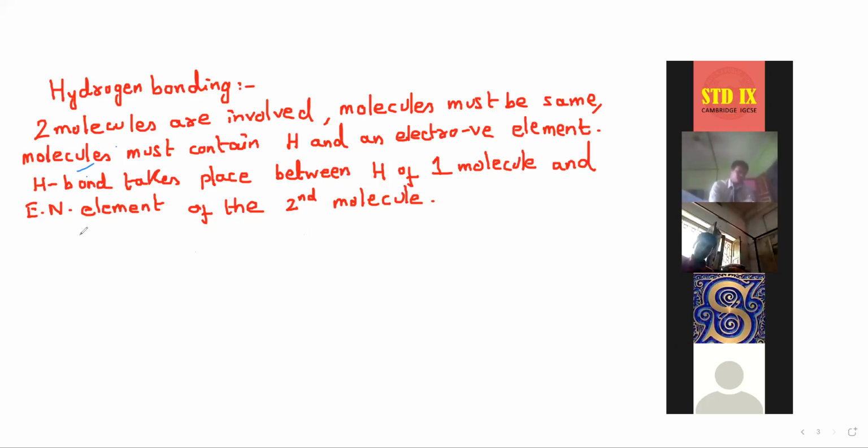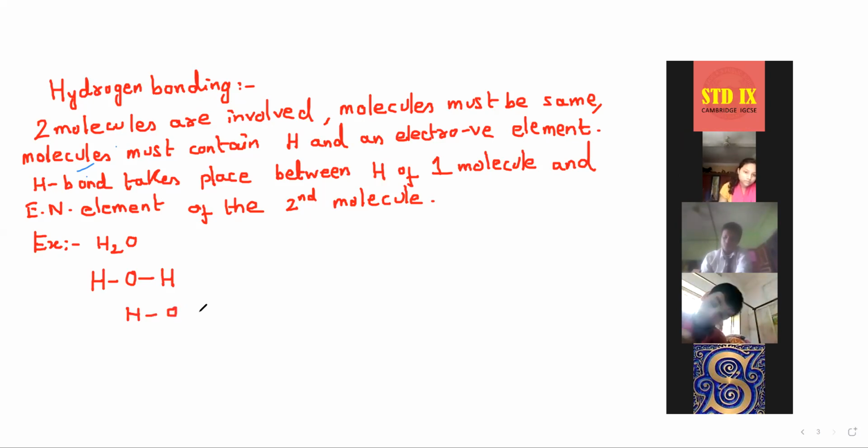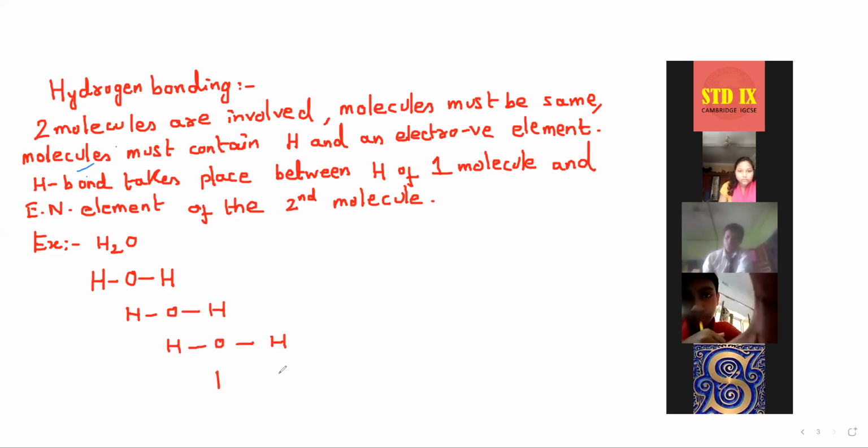I know that. Okay, so how it looks, let us take an example. Water, H2O. First, I am drawing water, H-O-H. This is the first water molecule, the second water molecule, the third, and the fourth one.